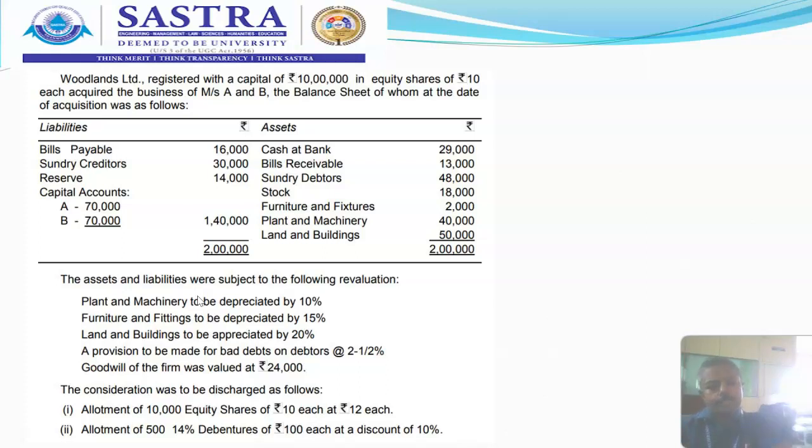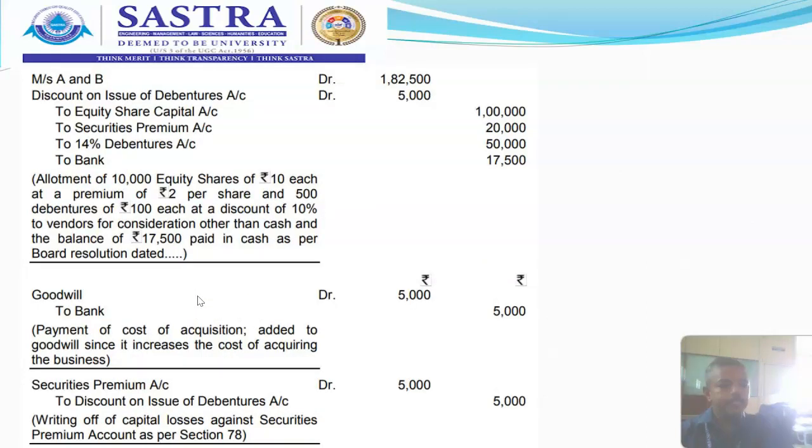I hope you understand the concept now, and now I will take you to the journal entries. What are the journal entries to be passed? The first journal entry is as we discussed in the earlier lecture, in the PDF in the YouTube link of the previous lecture, on the forms of journal entries.